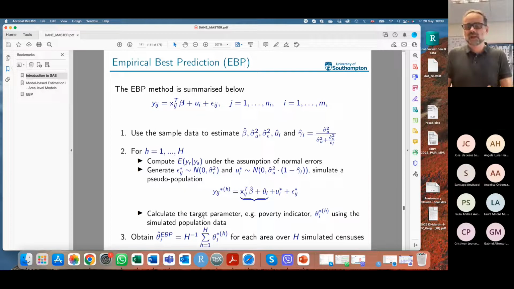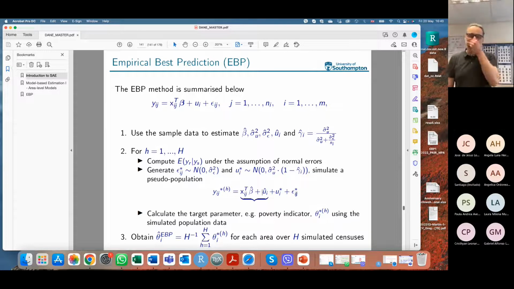So this is a Monte Carlo based method that assumes a unit level model and assumes normality for the error terms, and then it says, well, under normality, what I want to predict is what I don't know, so y_r. So what are the incomes of those households that I don't observe in my sample, but they are in my population, given what I have observed in my sample? Because you assume normality, you can calculate the form of this expectation, and that leads you to this expression here.